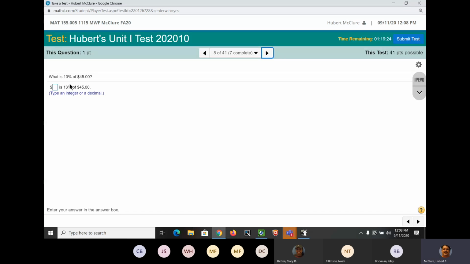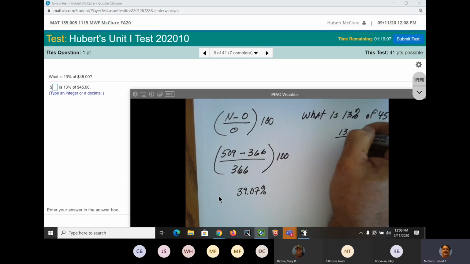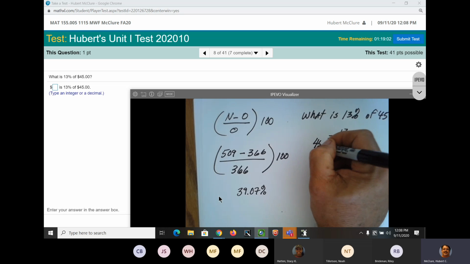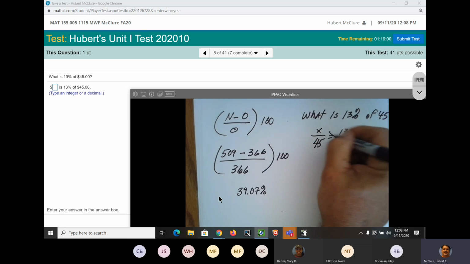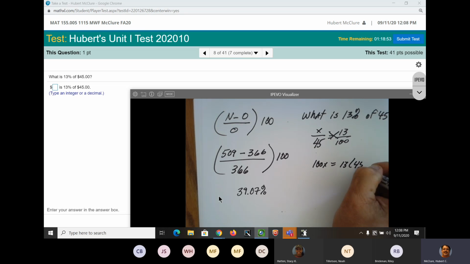What is 13% of 45? Sentence equation. So 13 over 100 and of is 45. 100x is equal to 13 times 45.